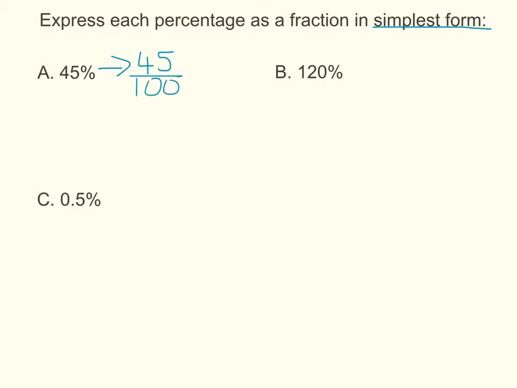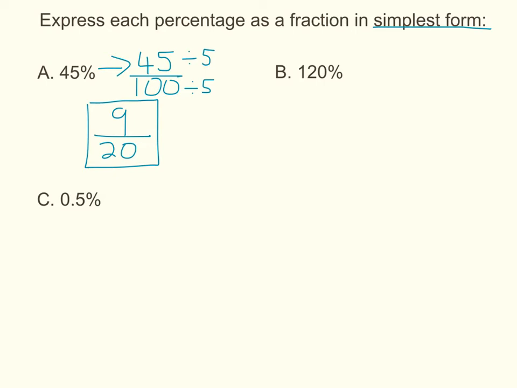Can we make this simpler? Sure. Both of these can be divided by 5. 45 divided by 5 is 9. 100 divided by 5 is 20. And that is 45% as a fraction in simplest form.